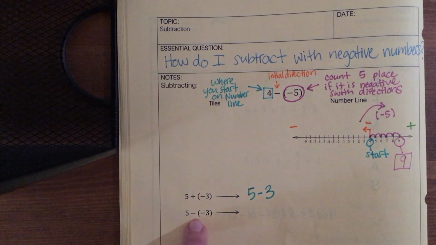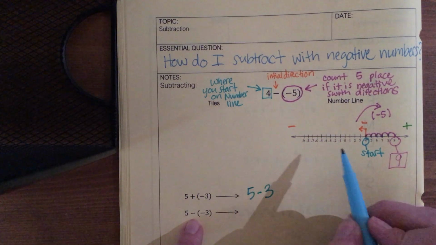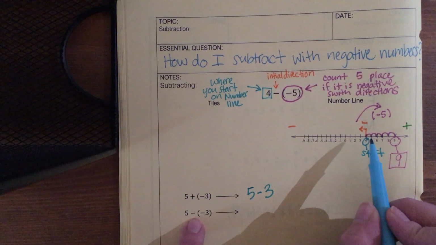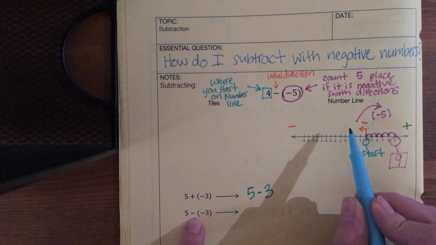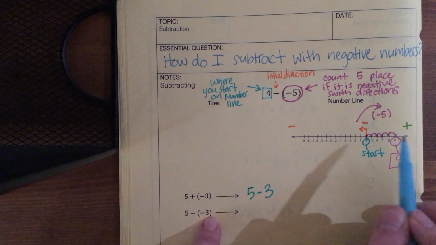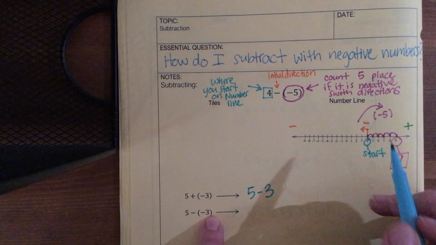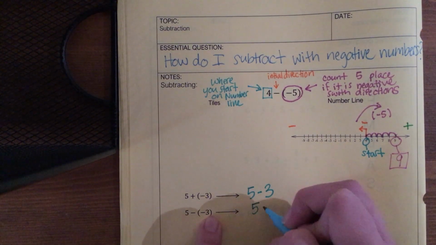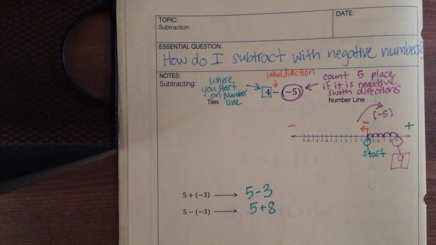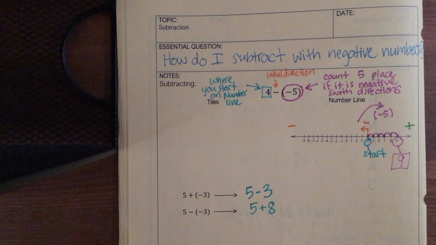And likewise with subtraction down here, when we start at our 5 and our initial direction is subtraction, but the negative number tells us to go backwards and go the other way, we're heading in that positive direction, which means at the end of the day, it is the same thing as adding. So when we're looking at subtracting and adding, there's only two options.